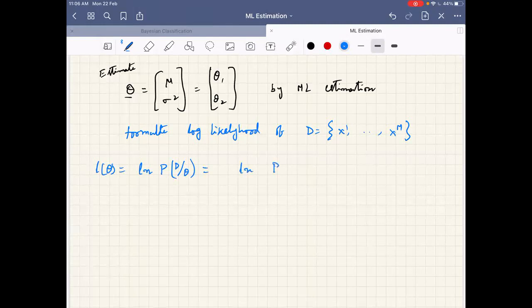Ln of p of D given theta is the product over k equal to 1 to m of p of xk given theta. Is this correct or not? And this is essentially equal to the summation of ln of p of xk given theta. Is this correct?